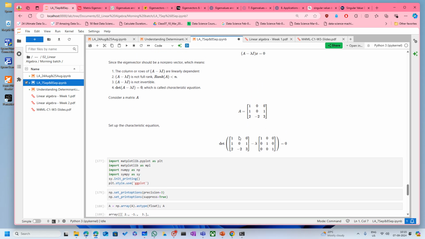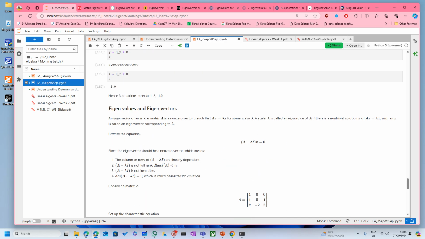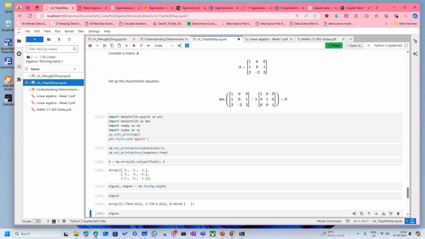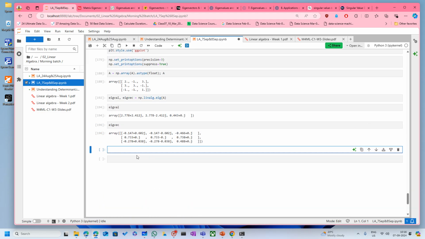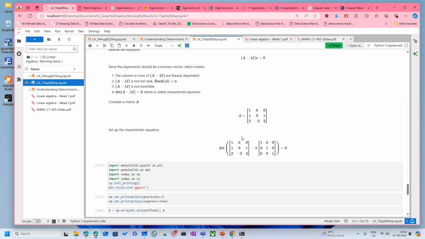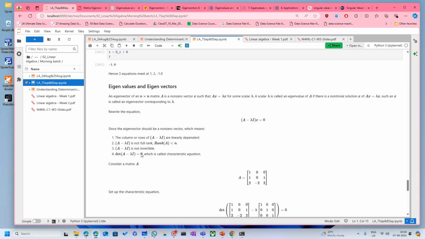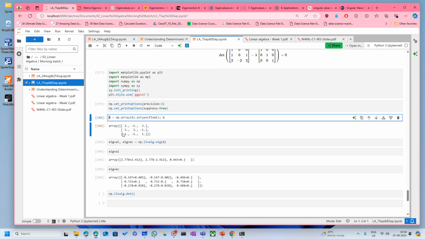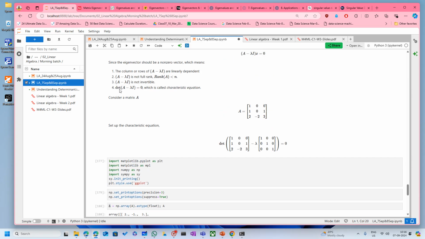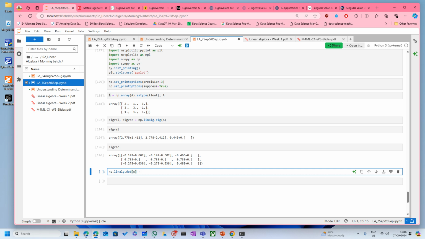Now let's try to establish this relationship: determinant of A minus lambda I equals 0. Here the determinant is np.linalg.det. The determinant of what we have to calculate is the determinant of A, where A is our original matrix. So I will pass the determinant of A minus lambda, the determinant of the complete thing.